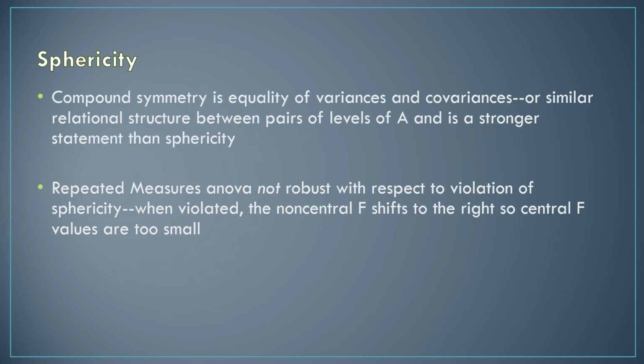So if you have a violation of sphericity, and we use compound symmetry to make sure that we are being stringent enough in our tests to find any violations, if you do violate sphericity, your F is now shifting to the right, and so your central F values are going to be too small. And so essentially it's throwing off your F ratio and the determination of statistical significance based on the comparison of the non-central and the central F values.